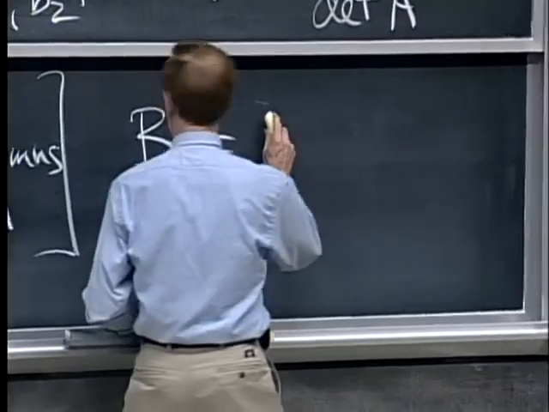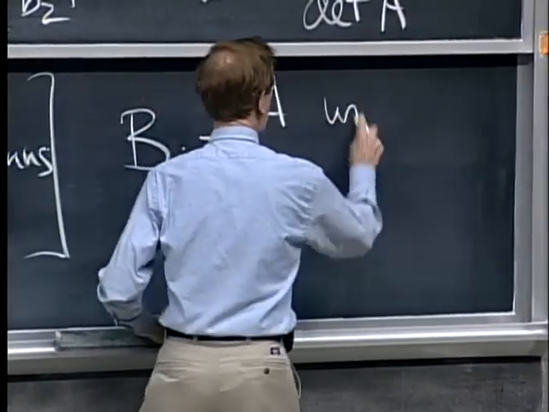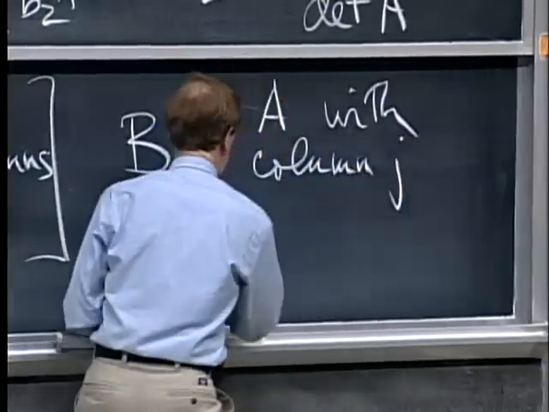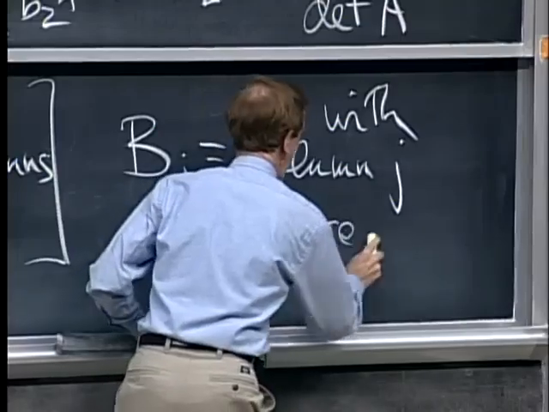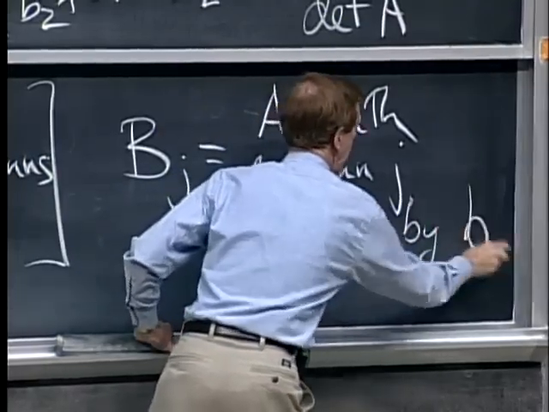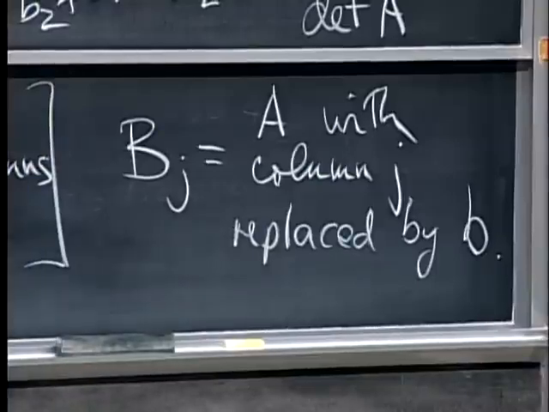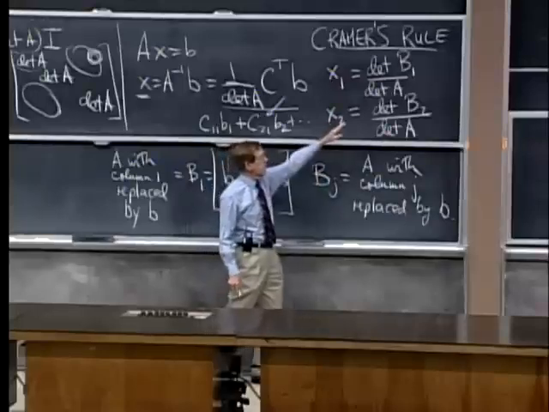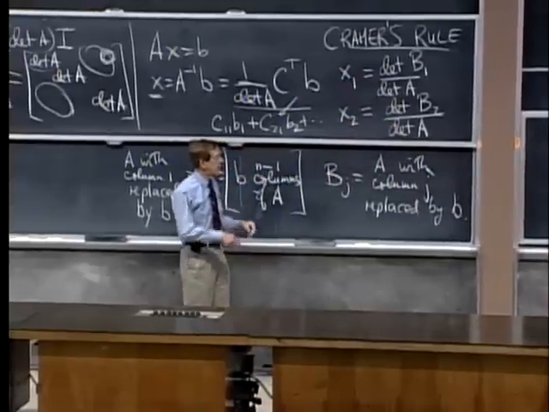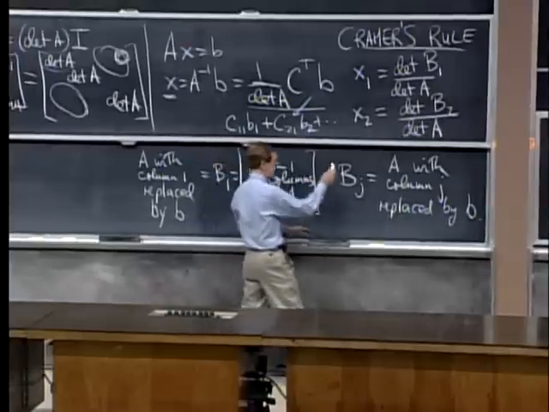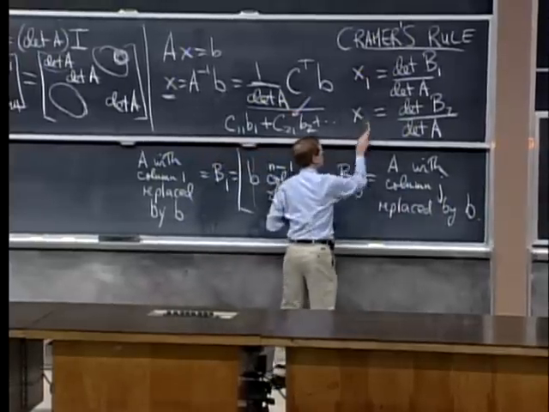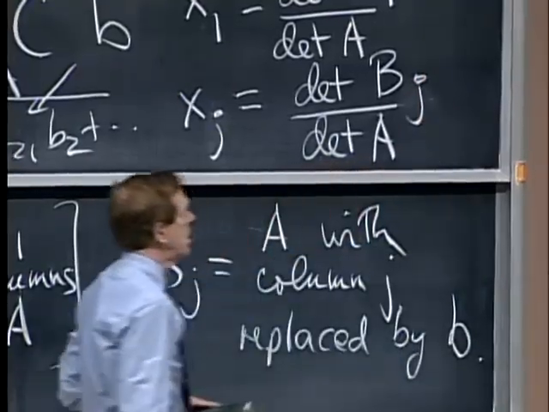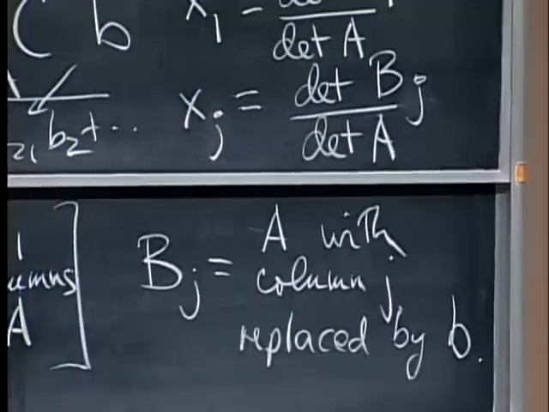This is A with column j replaced by B. So it's the determinant of that matrix that you divide by determinant of A to get xj. So let me change this general formula. Xj, the jth one, is the determinant of Bj divided by the determinant of A. And now we've said what Bj is.